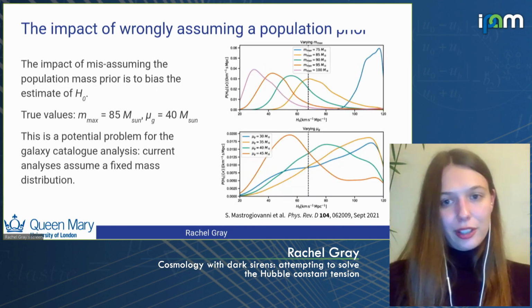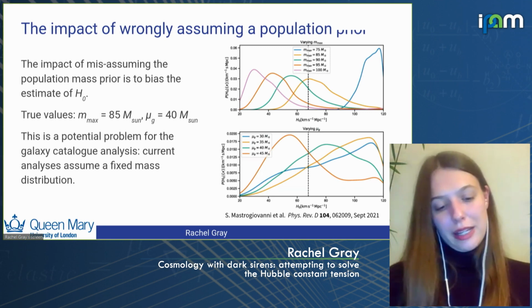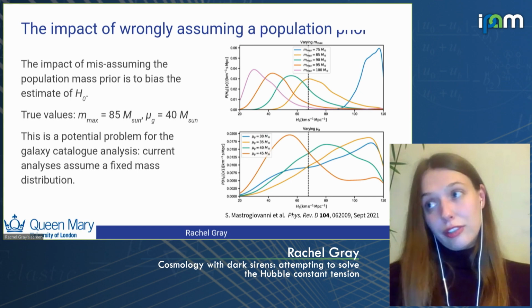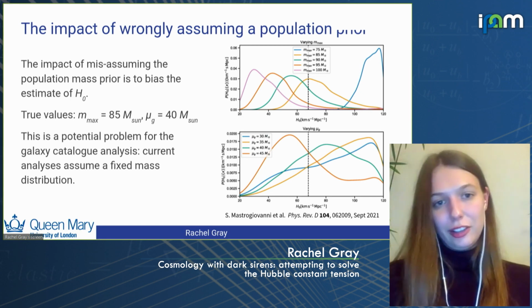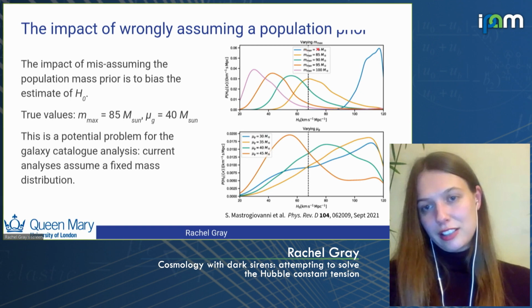However, it also comes with a downside, and that downside is if you assume a mass model with fixed parameters and it is incorrect, you will end up biasing your result, as demonstrated here by two plots where M max has been fixed to different values.